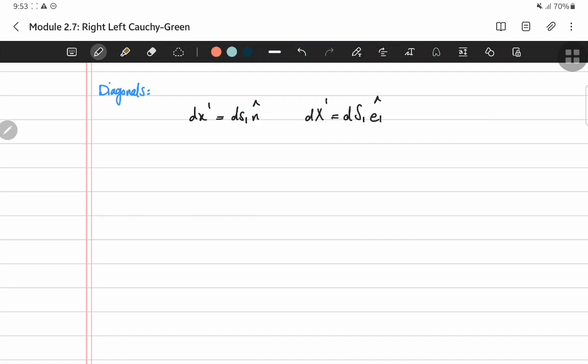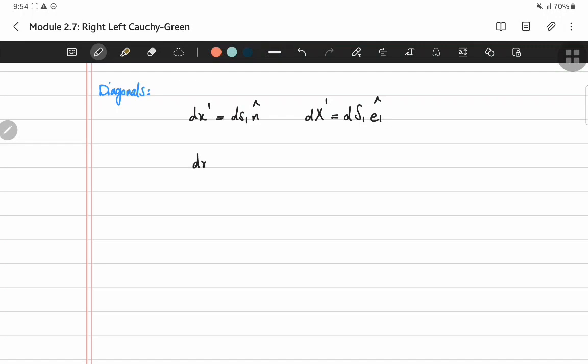And here, you know that I use E1, E2, and E3. So this is the right-hand side orthogonal basis that we basically use in this course. Fundamentally, they are perpendicular to each other, these elements in the reference configuration.